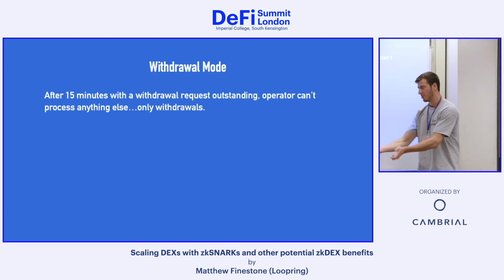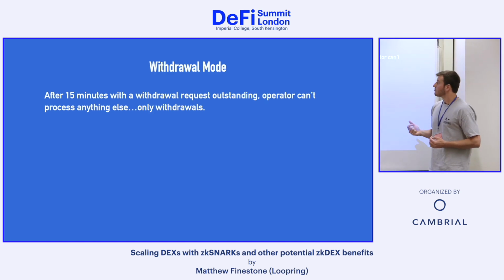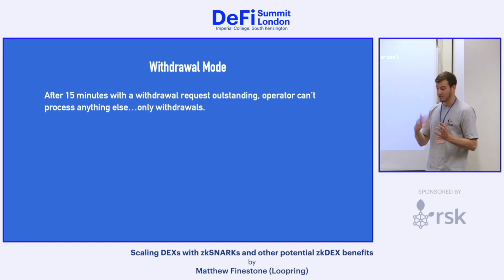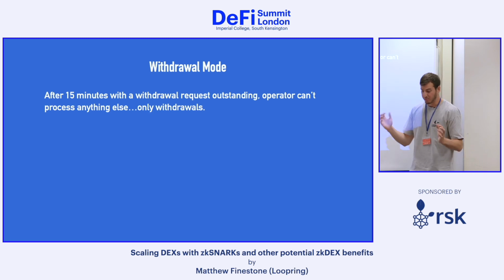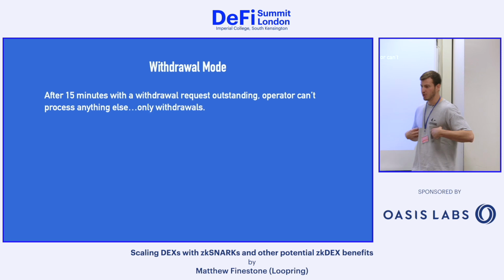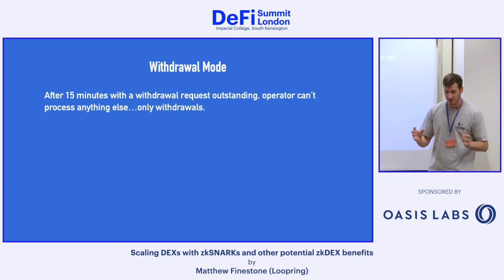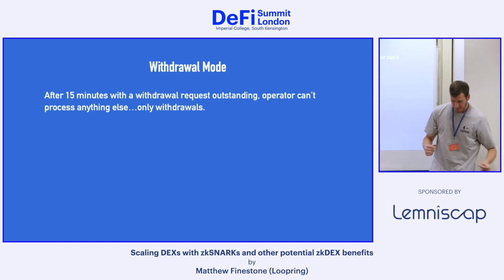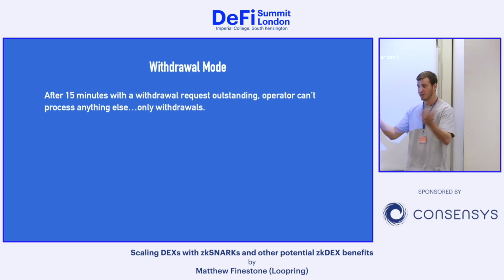I submit a withdrawal request to the DEX, and they have to process that transaction. They need to say, okay, Matthew wants to withdraw his money. It's time for me to update my Merkle tree by taking Matthew's money in his account out and putting it back in his Ethereum address.